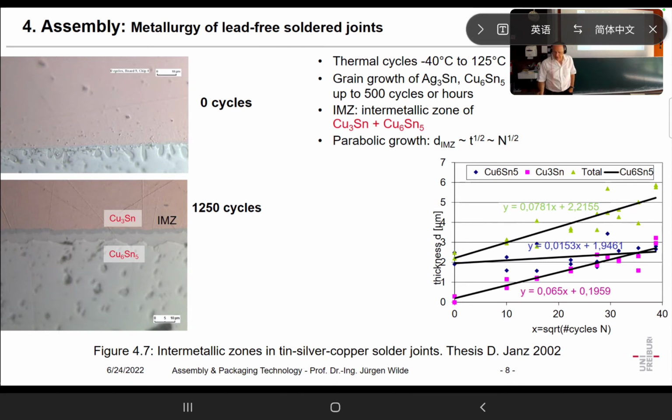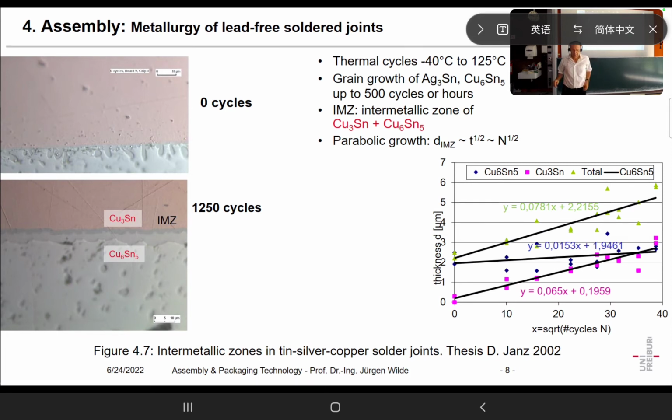We did that investigation for both of the phases, and we found that after, for instance, 1,600 hours, cycles, the total thickness of that intermetallic was 6 micrometers. And that's already quite high, we must say. That's one of the limits of soldered joints with tin, that we have such a growth of the intermetallic phases, and when it's too thick, it will crack.